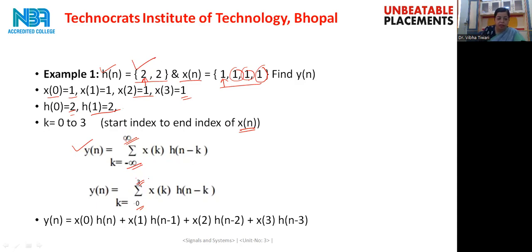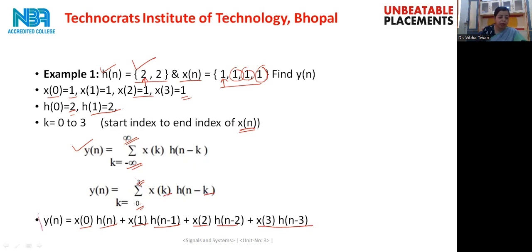Now substituting these values, we get y[n] = x[0] h[n] by substituting k = 0, plus x[1] h[n minus 1] by substituting k = 1, x[2] h[n minus 2] by substituting k = 2, and x[3] h[n minus 3] by substituting k = 3.